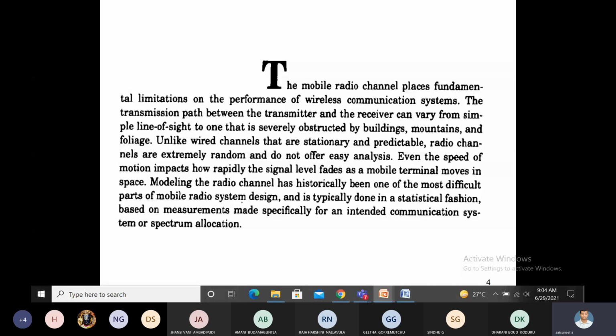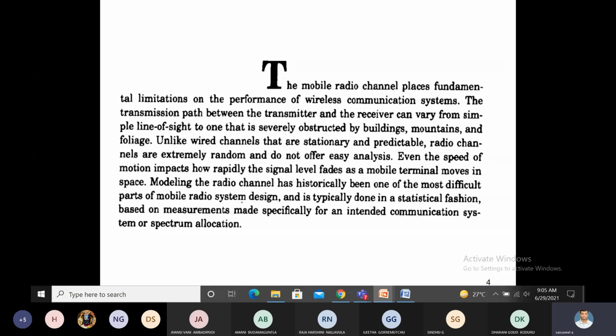Suppose I'm moving, then suddenly mountains, foliage, that is trees, or buildings come, and automatically we get some signal problems. We have to calculate the losses due to buildings, mountains, and foliage, and it depends upon the mobile terminal movement speed. We have to discuss this in this unit.